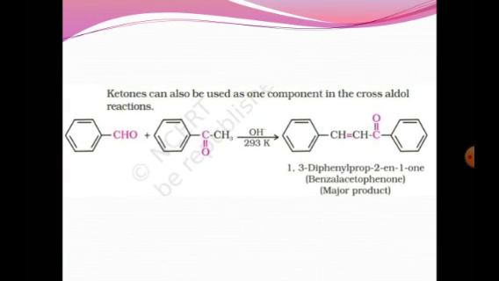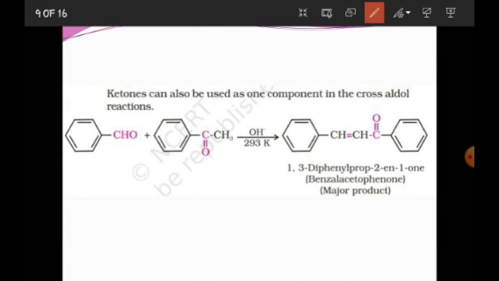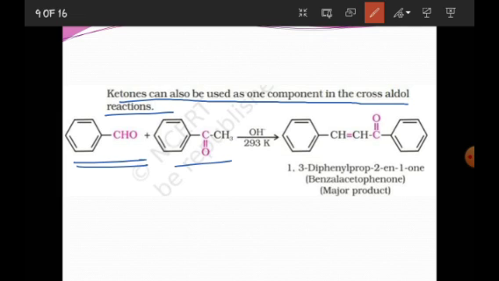Now children, one more example is given in NCERT, which is for ketones. Ketones can also be used as one component in cross aldol. If you see here, what is taken? One aldehyde is taken and one ketone is taken. Now see children, what you will do? You will remove this oxygen and you will remove hydrogen from where?